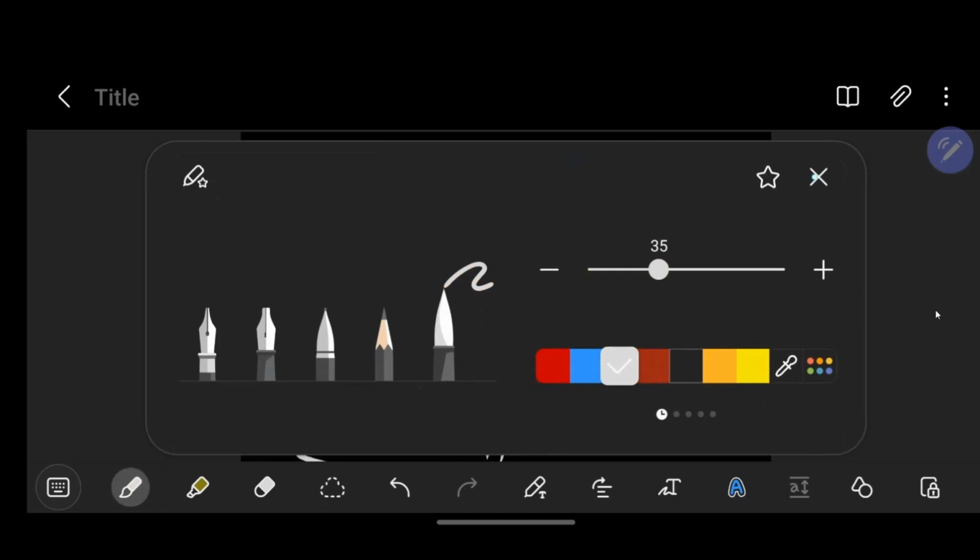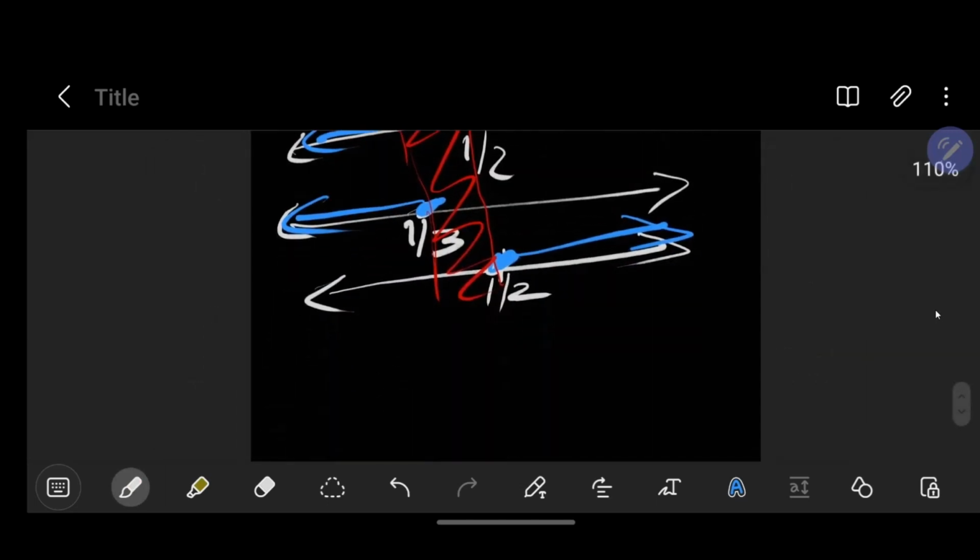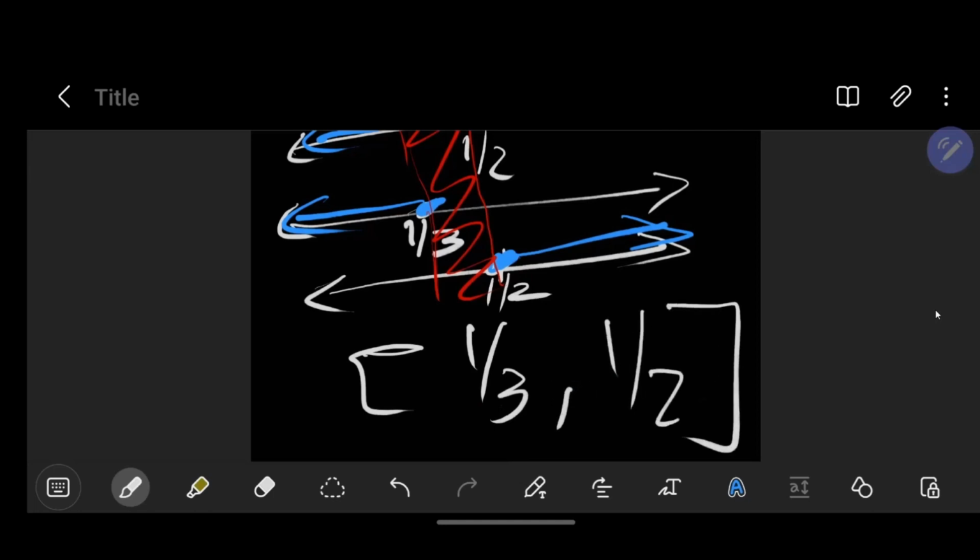So if we were to write this, we need to include 1/3 and a half, so our square brackets, sorry. And that is basically it for interval notation, as well as our inequalities and representing those with your interval notation.